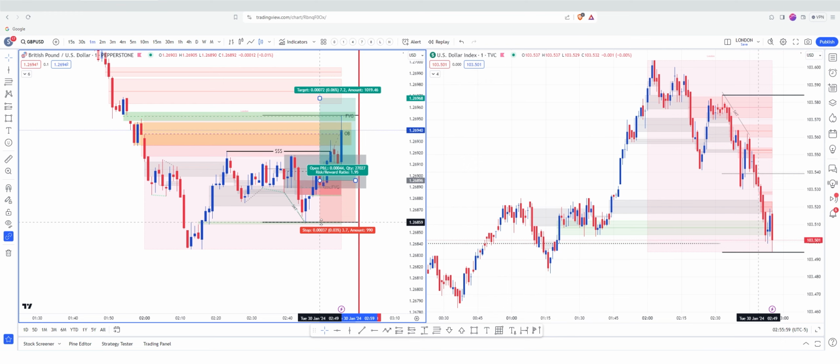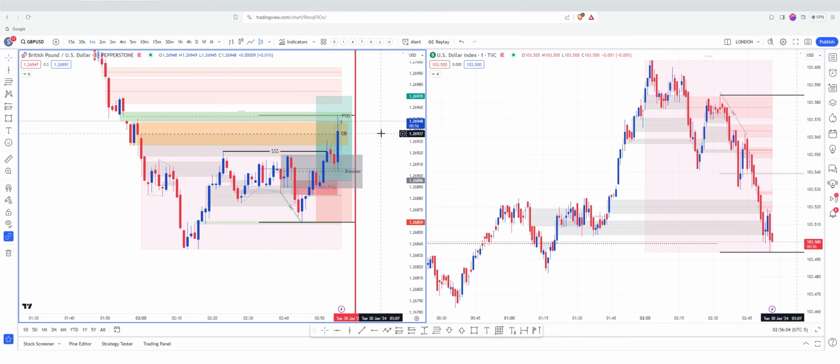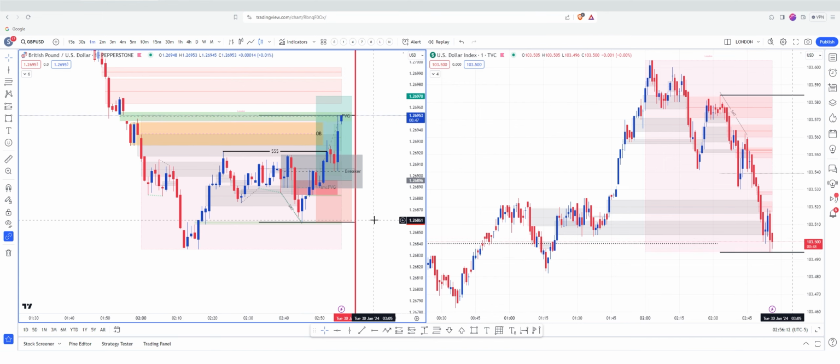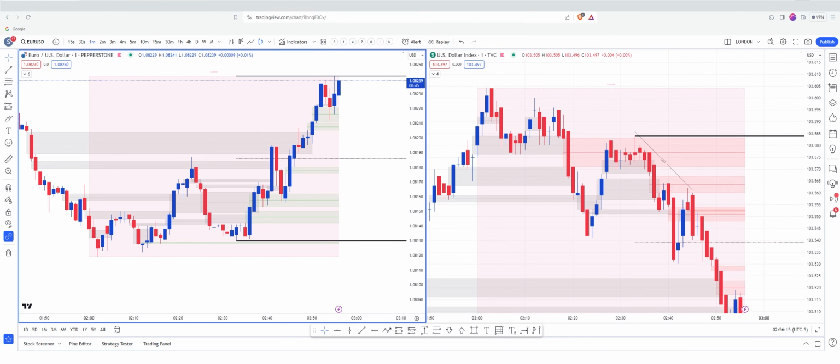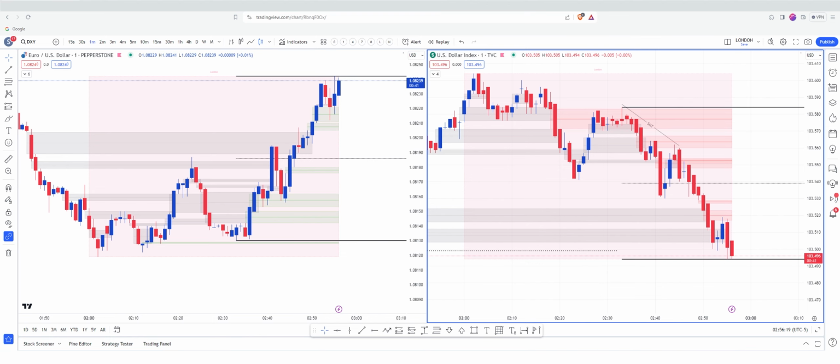The stop loss should be 1.95, so we want 2. Volume imbalance at the high, trading through this order block. Euro's still pumping. Dixie's still dumping.